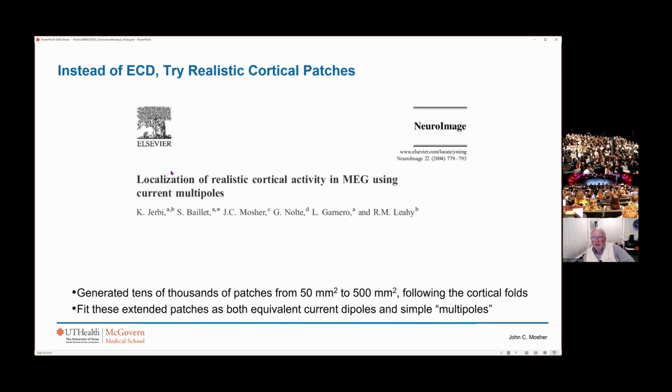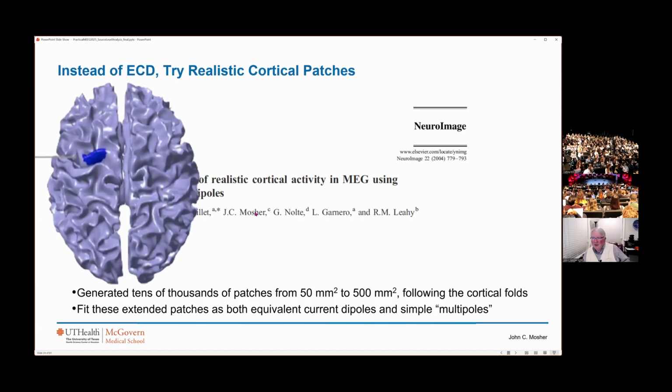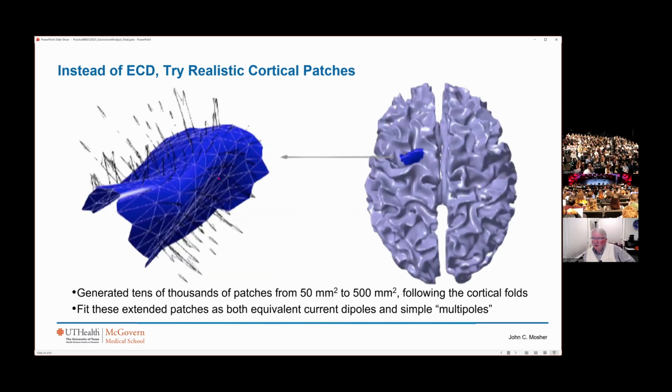But we dove in anyhow and said, let's go ahead and try applying a dipole plus a quadrupole to these realistic patches. So we generated tens of thousands of patches from 50 square millimeters to 500 square millimeters on not the peel surface. This looks anemic because this is the gray white surface and not the gray CSF surface, but it's the same thing for modeling purposes.